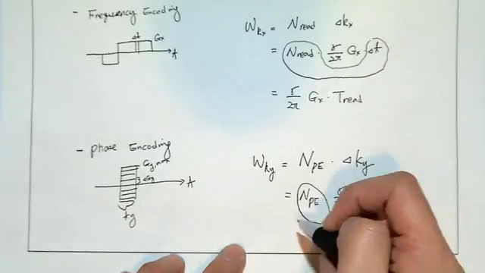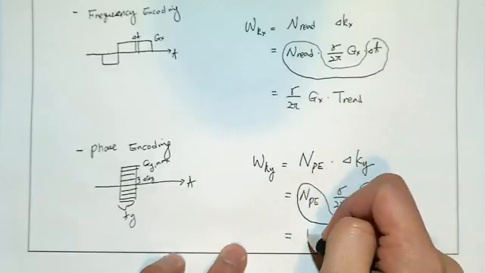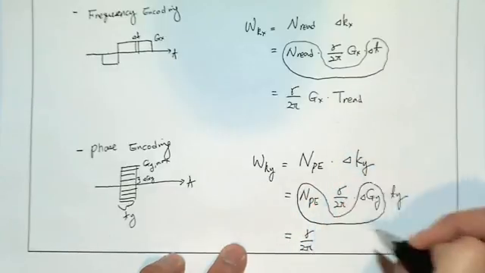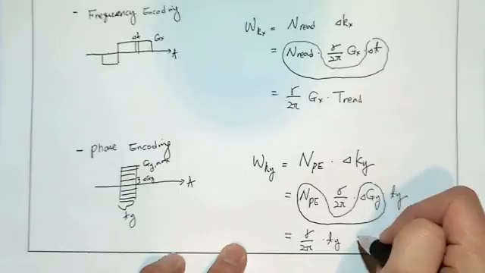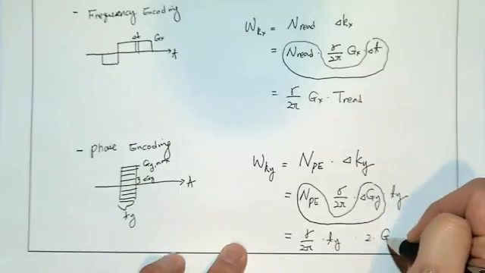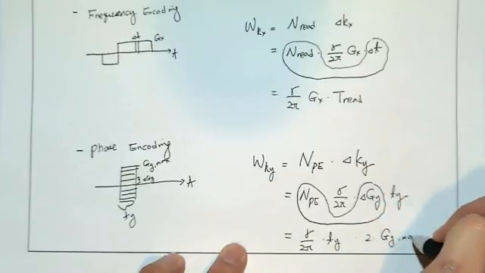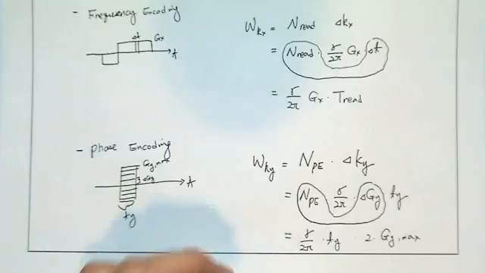So in other words, you can write it as gamma over 2 pi Ty 2 times Gy max. Okay? Two times Gy max is basically the length of this, right? And t read is basically the length of that.